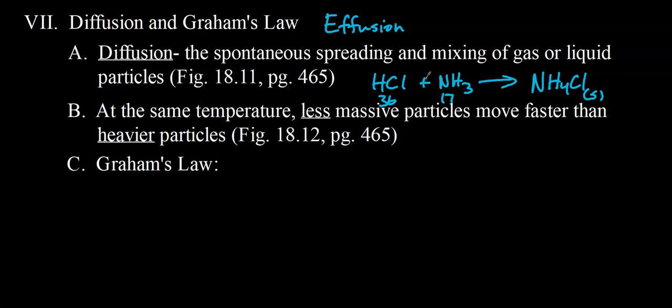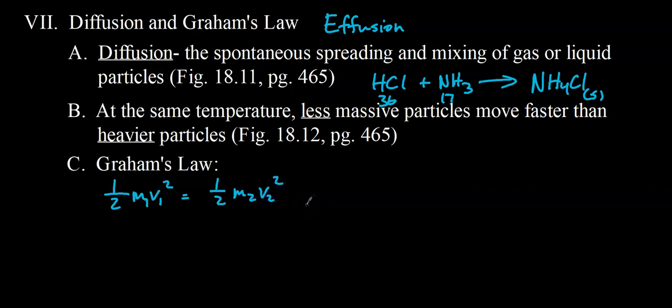All right, so let's take a look at Graham's law. I'm going to derive it for you, the way I did in my other classes. So let's say we have two gases at the same temperature. If they're at the same temperature, then their average kinetic energies are the same.